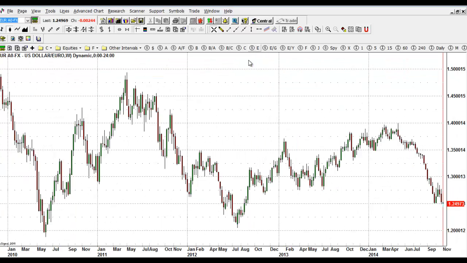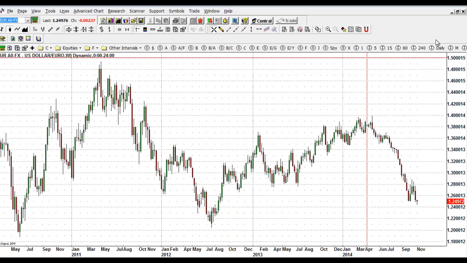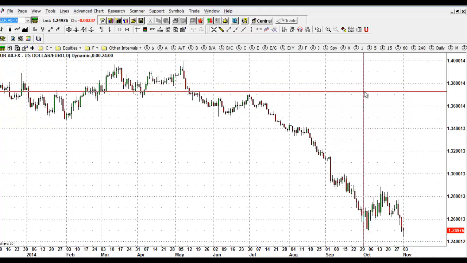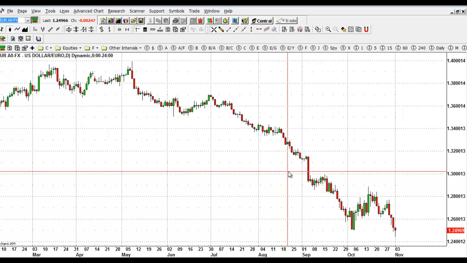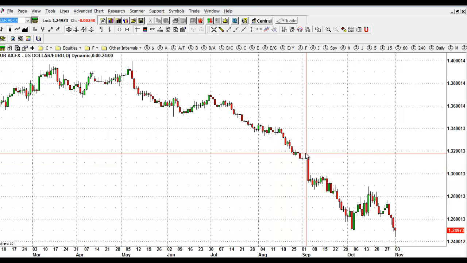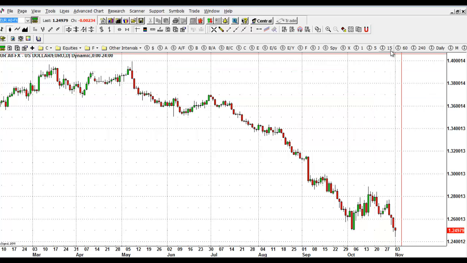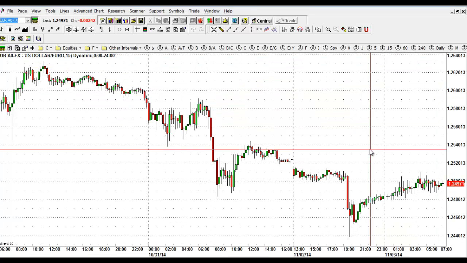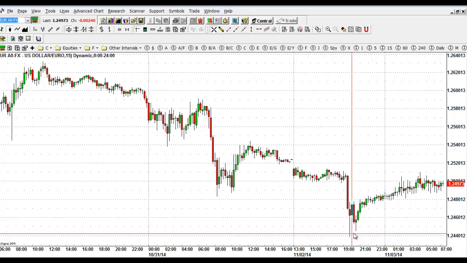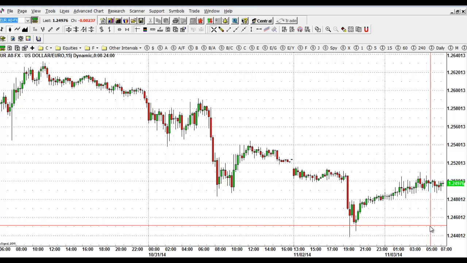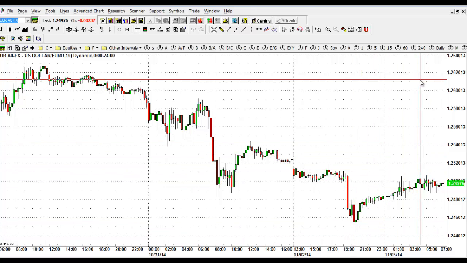And to just break it down, let's take a look at what's happening in the euro. We're recording this on Monday morning, November 3rd. We saw that earlier the market made a new low near 124.40 and has recovered some.